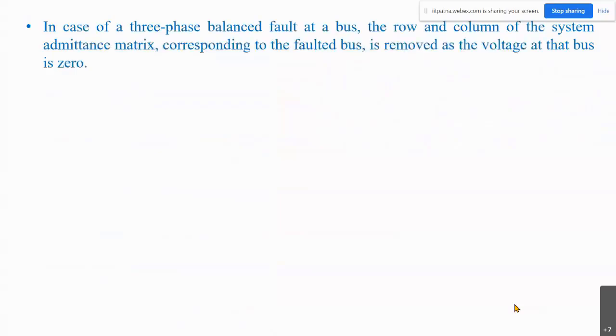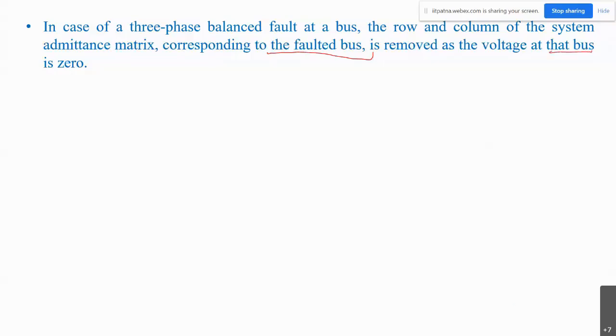So what are the problems in case of an unsymmetrical fault? In case of a three-phase balanced fault at a bus, the row and column of the system admittance matrix corresponding to the faulted bus are removed, as the voltage at the bus is 0.